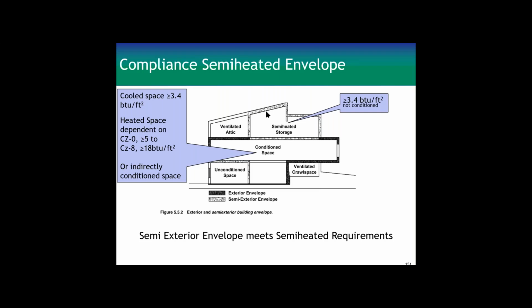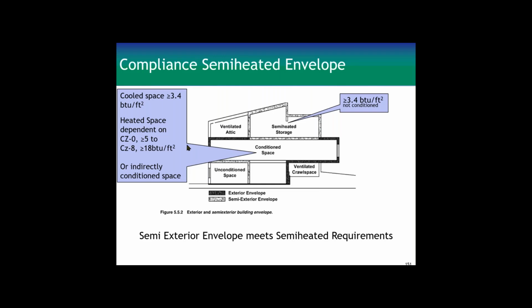Now, a minute ago, we talked about looking at the definitions to understand what a conditioned space was. A cooled space, which makes it conditioned, is anything that takes more than 3.4 BTUs per square foot of cooling. If you put more than that in, then it's a cooled space and conditioned. A heated space depends on what climate zone you're in.